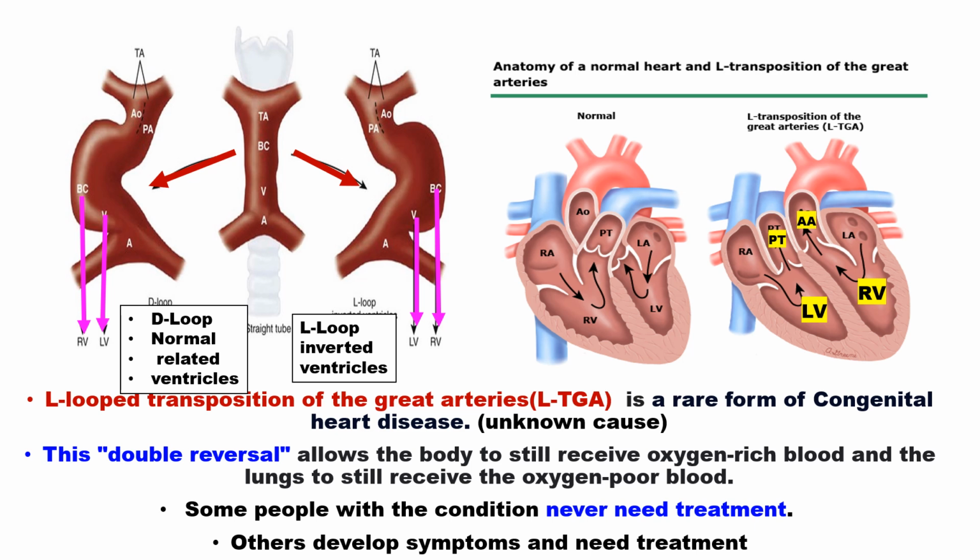L looping, the transposition of great vessels, is a rare form of congenital heart disease. It's usually of unknown cause.